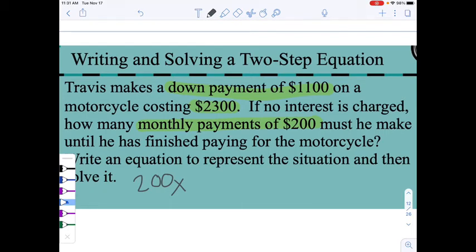So that's going to be how much he pays every month, plus he made a one-time payment of $1,100. That's a one-time payment. And this equation is going to be set equal to the total amount the bike costs, which was $2,300.